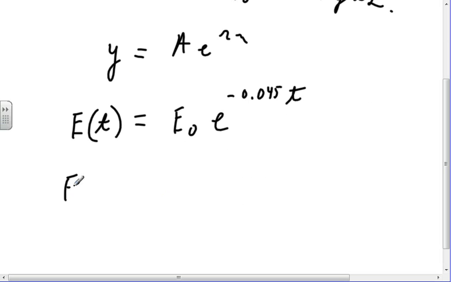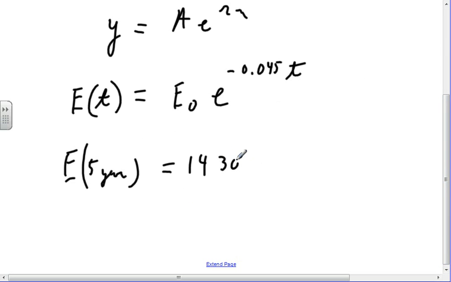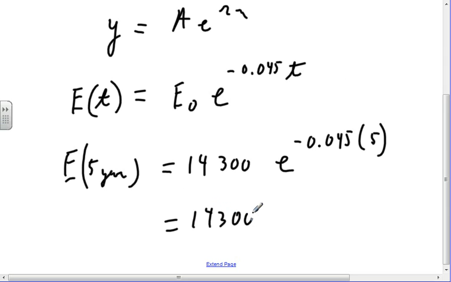So enrollment after 5 years is 14300 e to the minus 0.045 times 5. At any time, you can just put this in your calculator. Minus 0.225.